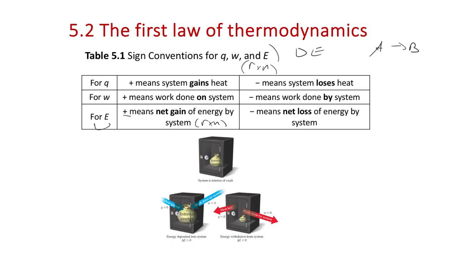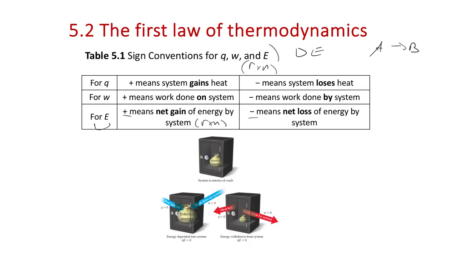The system, to me, is the reaction. So the system can be a reaction that's taking place, H2O2 combining to form water, A to B, some type of chemical reaction taking place. So positive means energy is gained by the system. A negative delta E, less than 0, would imply that energy was lost by the system, so the energy was lost by that chemical reaction.